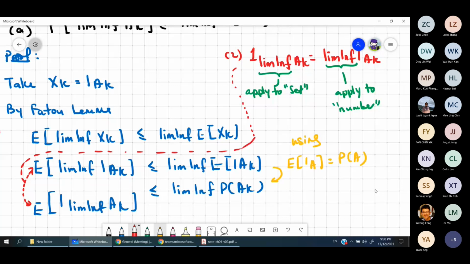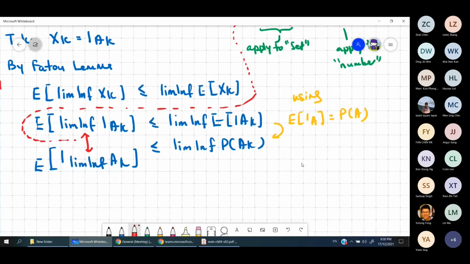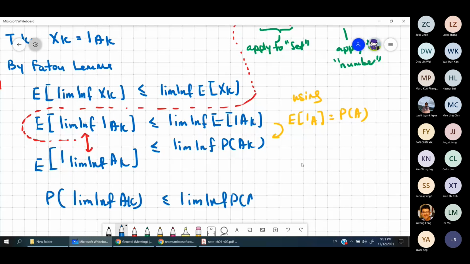Maybe just to let you know, this applies to these two. So almost done already. I'm using this once again, so this will be equal to P of the limit inferior of 1_Ak.